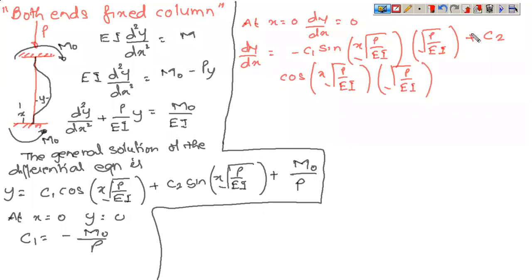So this is the differentiation. If you differentiate M naught by P, M naught is a constant and P is also a constant, the crippling load, so this is plus 0. We are differentiating with respect to x.